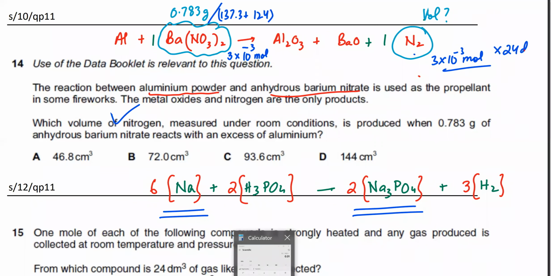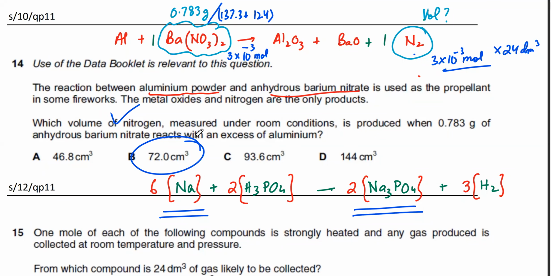What do you get for this? 7.2. You're going to get your answer in dm³, and that would be converted into cm³. So it's going to be 72 cm³.